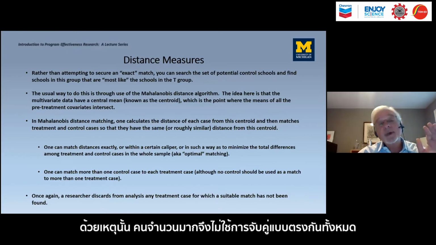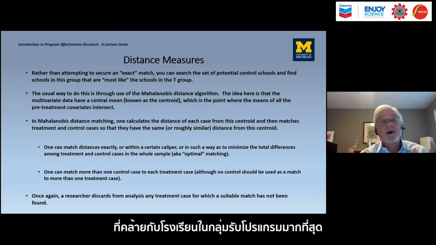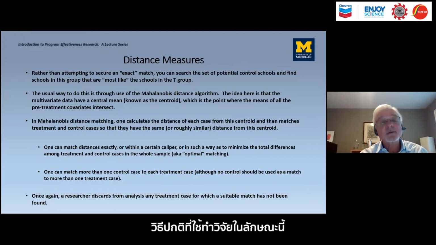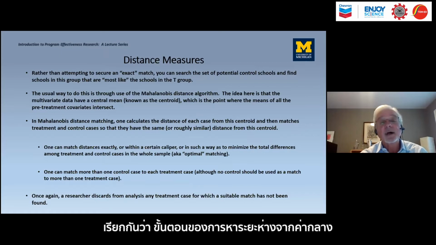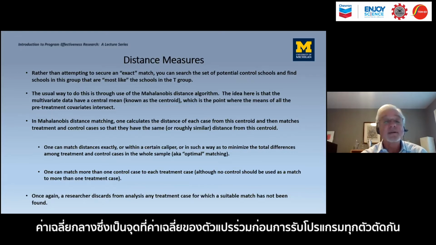For that reason, many people don't use exact matching. They search instead for a set of potential schools that are most like the schools in the treatment group. And the usual way this is done is through something called the Mahalanobis distance algorithm. But the idea here is if we have a lot of variables, a multivariate data set, that multivariate data has a central mean known as a centroid, which is the point where the means of all the pretreatment covariates intersect.